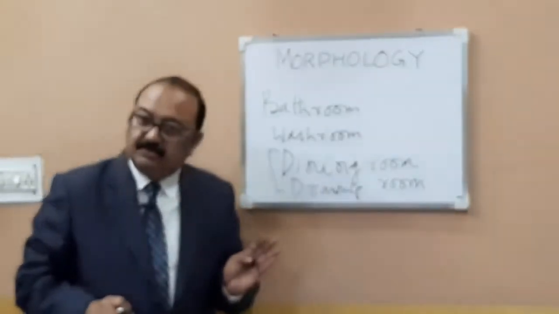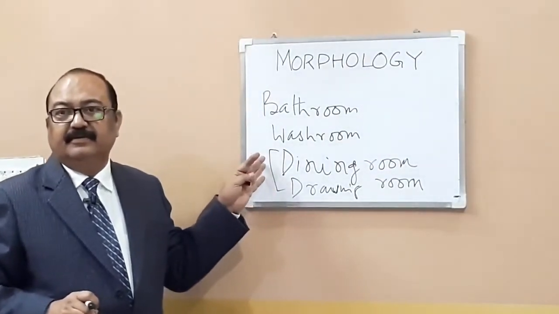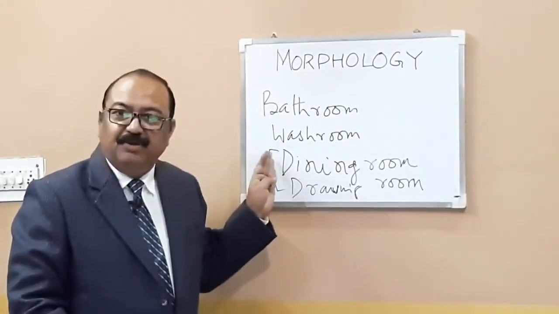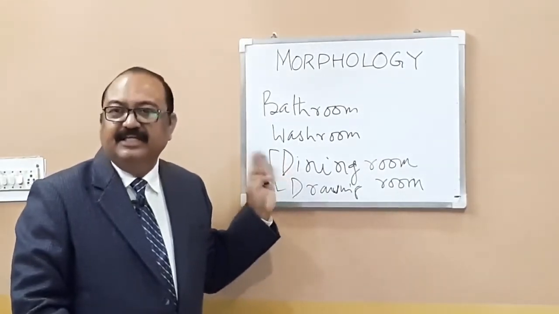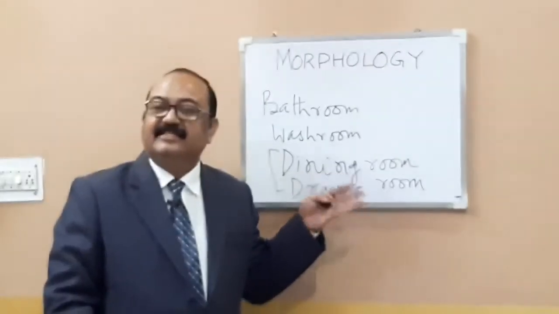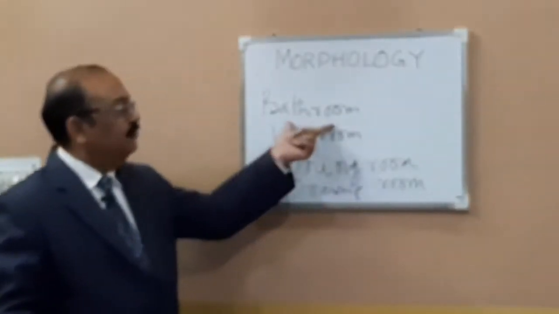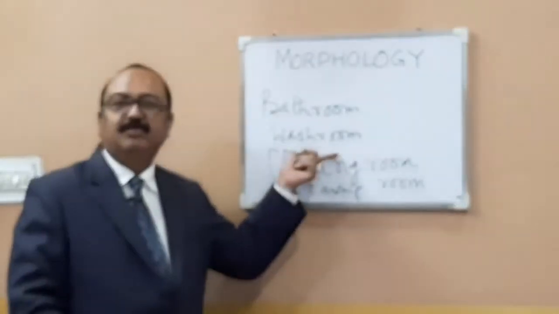And why is it so? Very difficult to tell, and almost impossible to tell. You may only say this is how the native speakers write, and this is their language, so we have to follow their suit. They write bathroom as a closed compound word. They write washroom as a closed compound word.